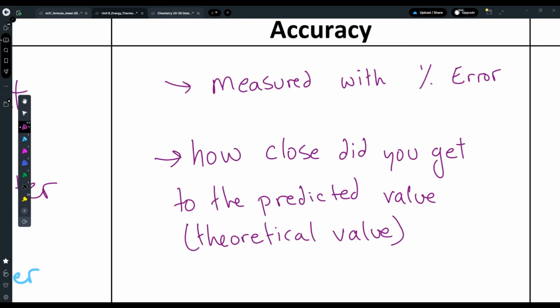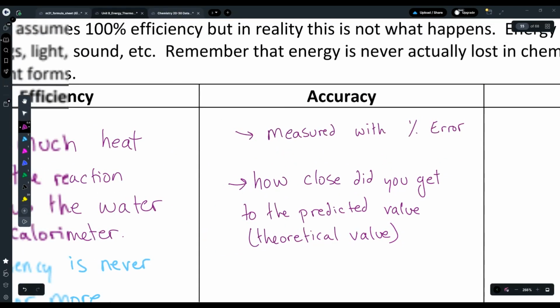So that means maybe when you're doing your experiment, some human error came into play. So maybe your reaction, when it was going, you didn't stir it enough to encourage reactions to happen. Or maybe when you were transferring a substance from one beaker or one piece of glassware to another, you lost some product in that transfer.